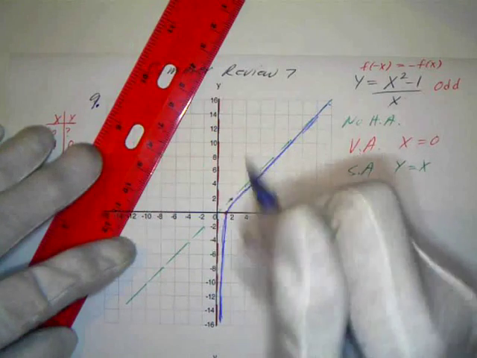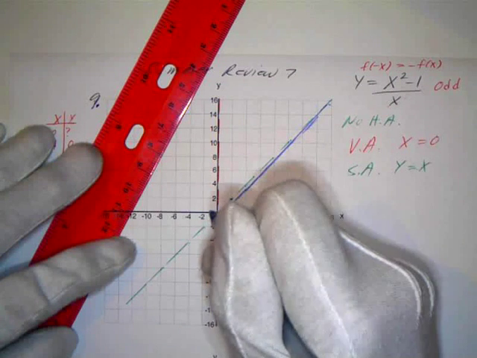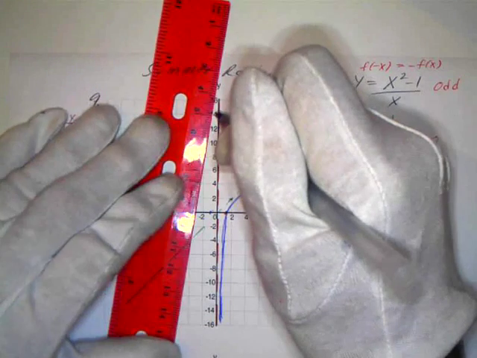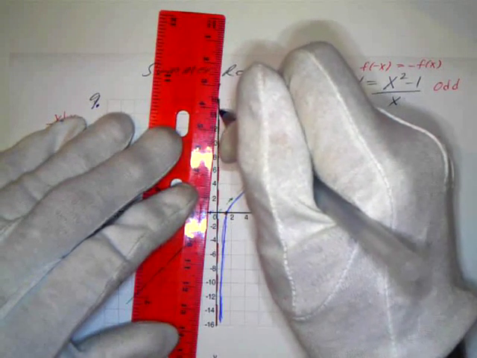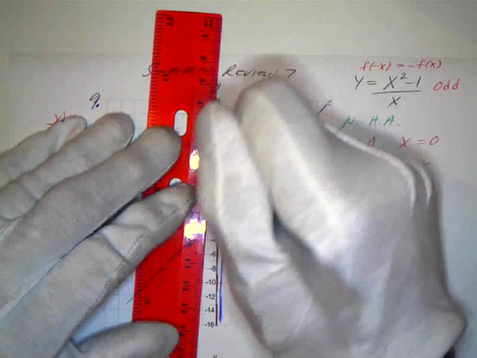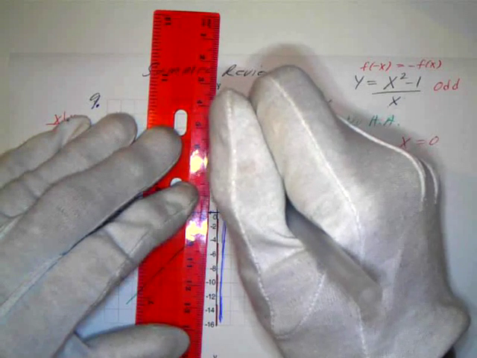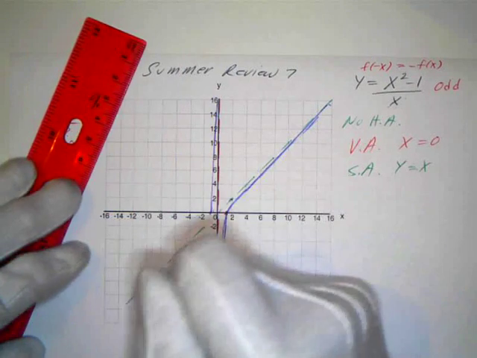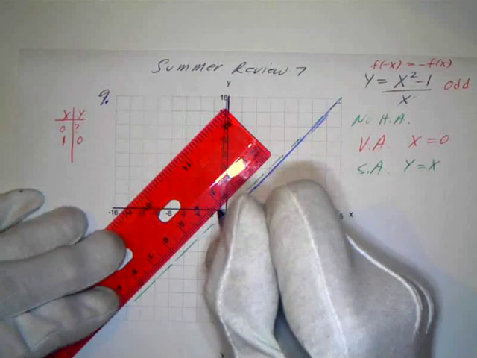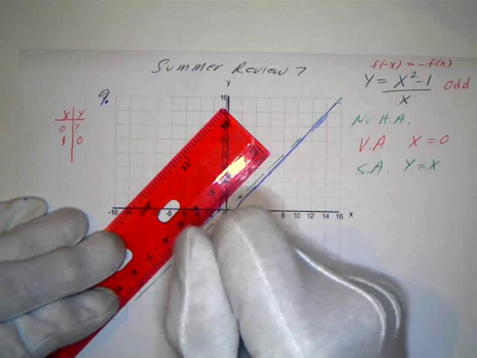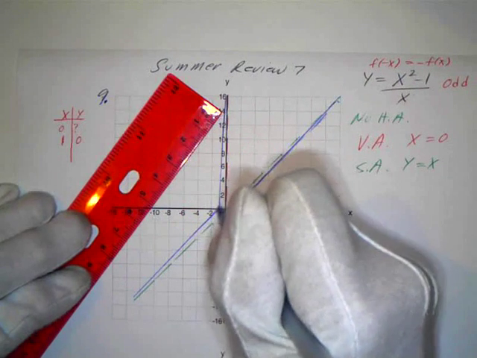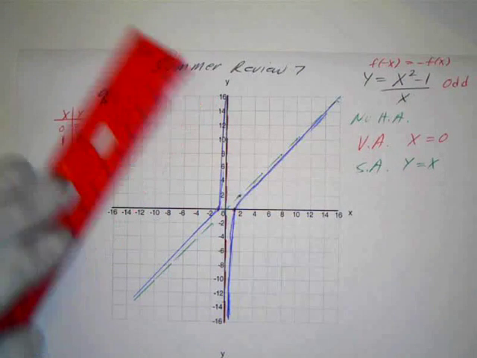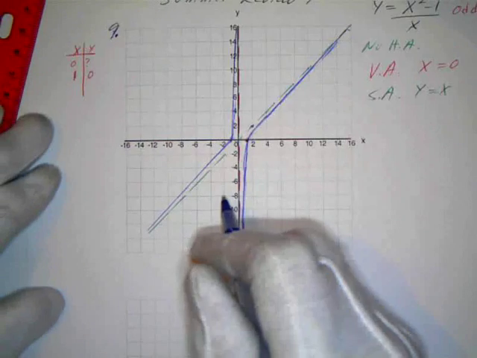So symmetrical to the origin will be over here, and then just come down like this. It's got to be a curve, but I'm just using the ruler to make sure I keep it close. So that curves around like that. So it should be a curve. So I'll round it off. And that's what we got. Looks like we're in pretty good shape, okay?